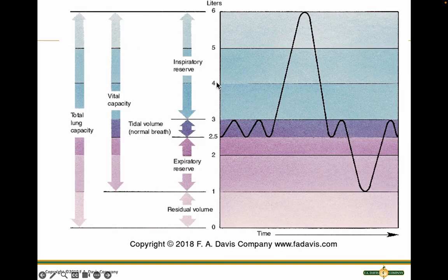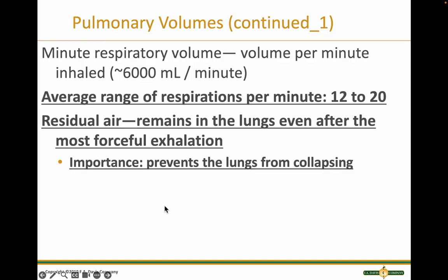And we'll see, like here, that there are all these different terms for different types of breathing, and how we can change the volumes. But what I want you to focus on is a normal breath, and this idea of residual volume.